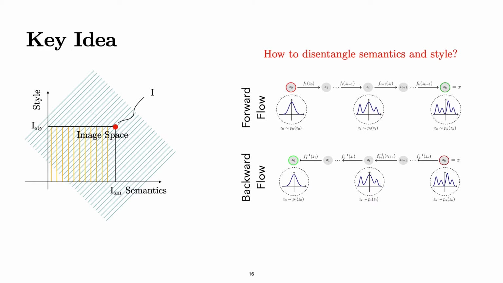A key property of normalizing flow models is that these transformations do not lead to a loss of information. In our model, we use normalizing flows to convert the conditional distribution of the image given semantics to a simple distribution. If this is done over all the possible semantics, we can disentangle the style and semantics of the image. We now go over our model in detail.